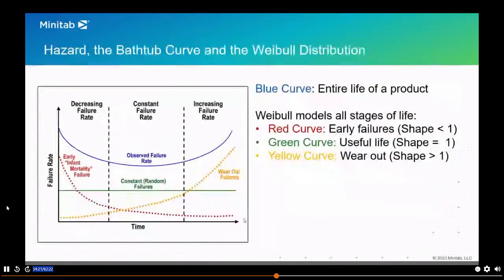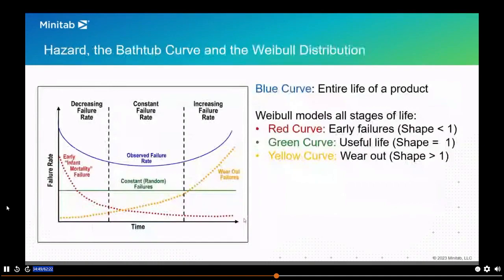I didn't create it. But if we think of any product, think of your car, think of your air conditioning system, think of your computer, right? Any product has like an entire life. And it turns out that at the beginning of a product's life, there is sometimes a high chance of failure, especially when we look at things like electronics, right?